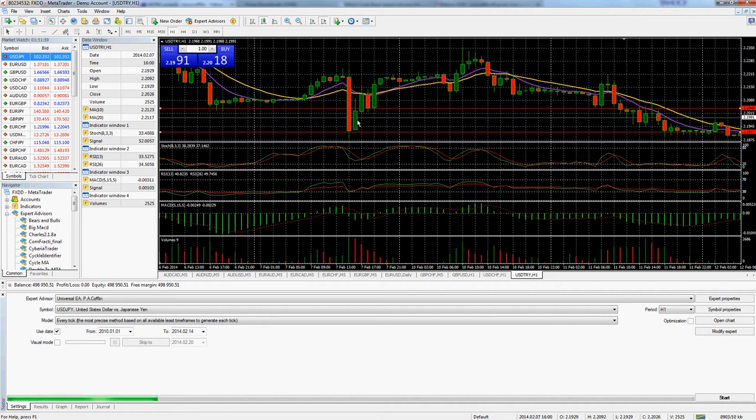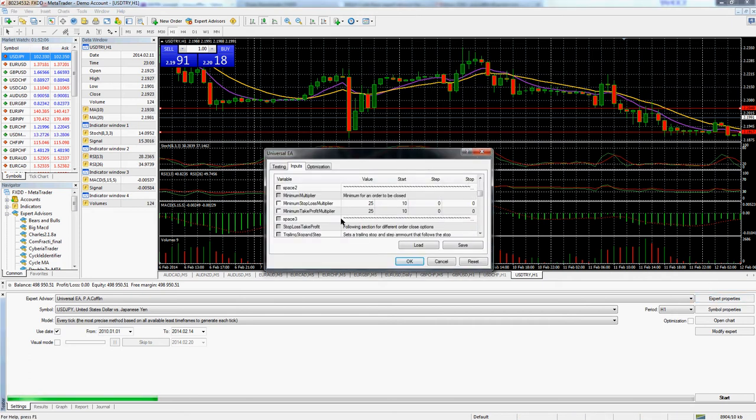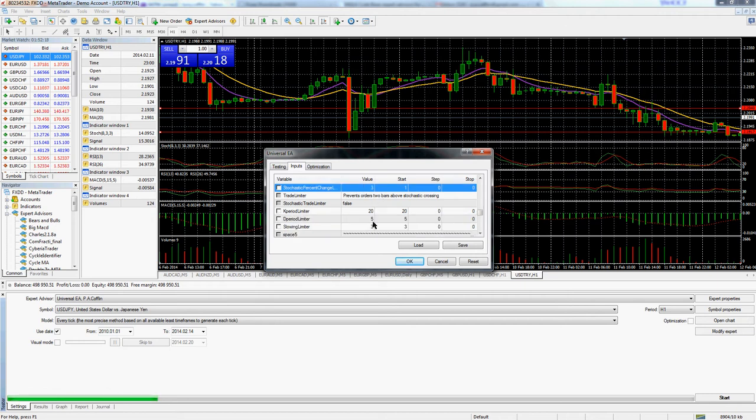It's not 5, which is the current setting, so it wouldn't actually buy here if you had that enabled. You can change that number to whatever you like. You can change it to 3 and then it would actually get into it. Or you can change it to false so it doesn't actually affect the market or the expert advisor at all.